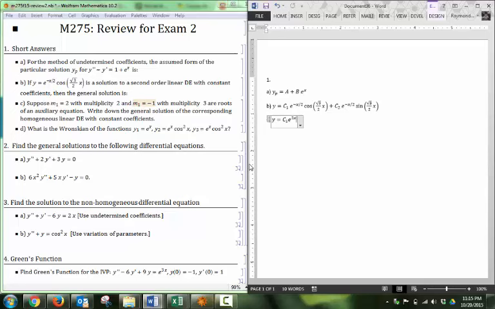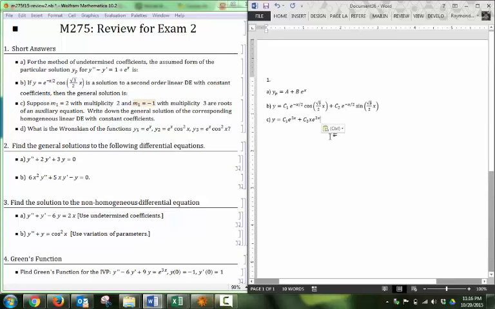Now, if this has multiplicity 2, then it has to repeat itself, but it can't repeat itself exactly as is, because then it would not be linearly independent. There is a technique that we discussed in class where if we have a solution, we can find another solution. We won't go through exactly that process, but what happens is that we have the same e to the whatever power, and then we just tack on an x next to it.